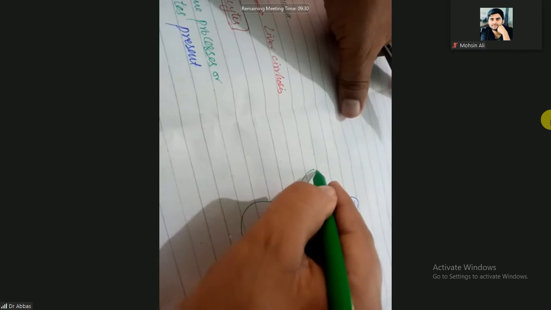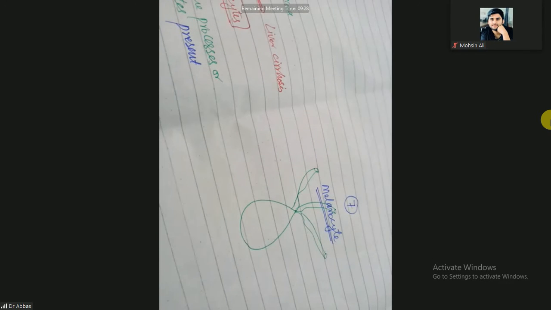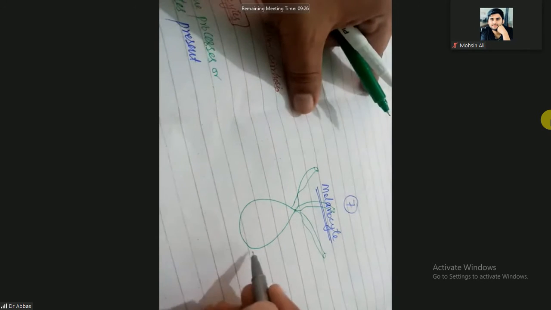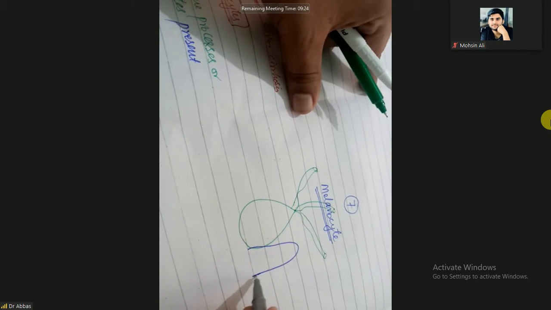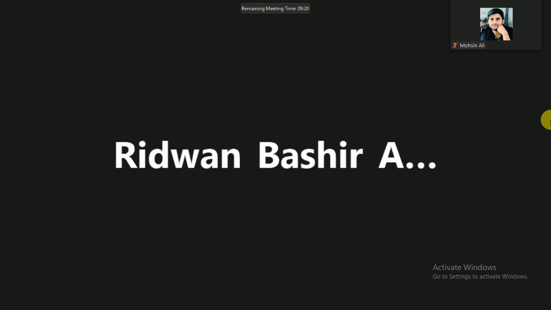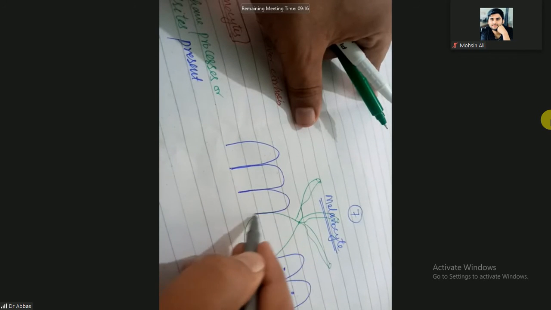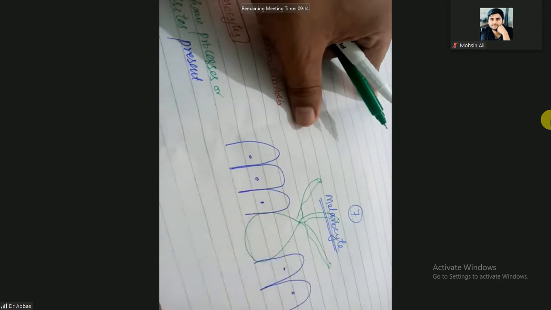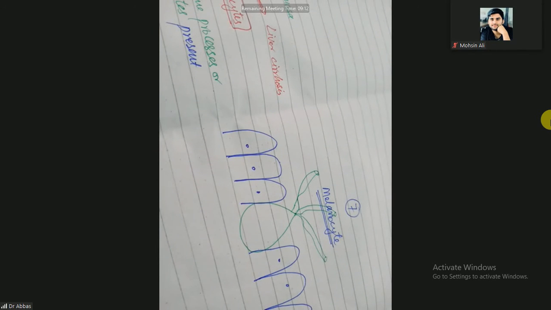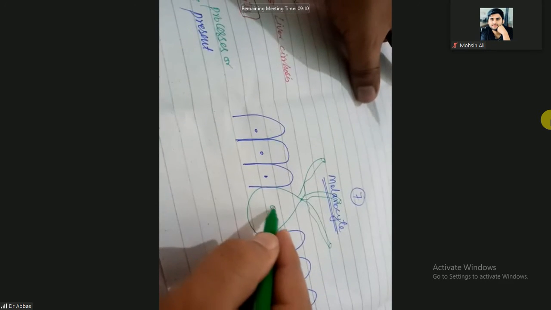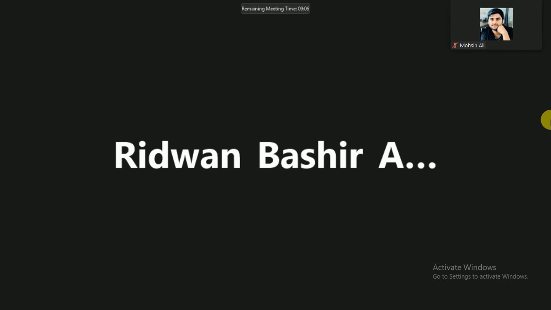Okay, and these are the different strata. Here is the stratum basal. Each melanocyte is present after 10 cells of the stratum basal.